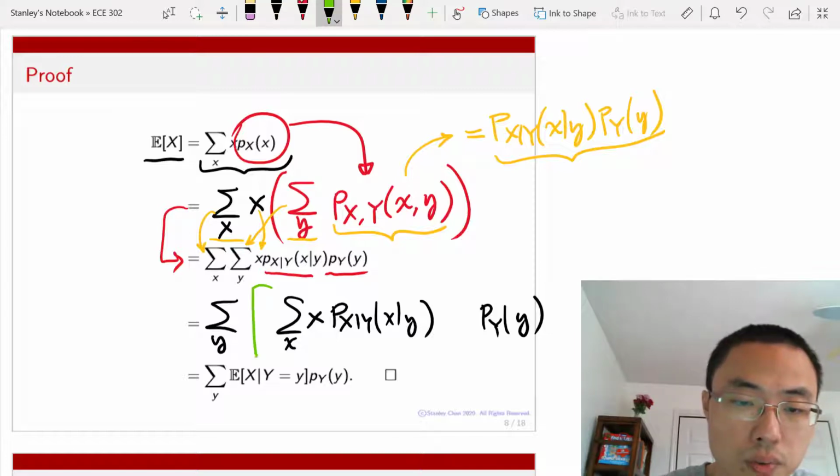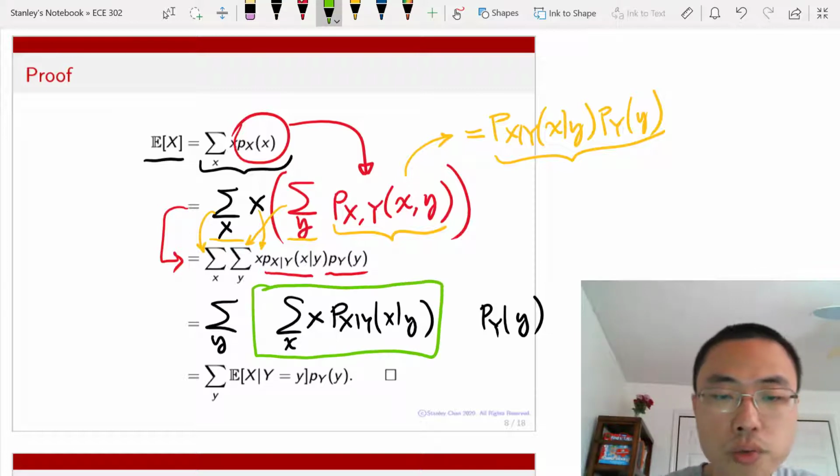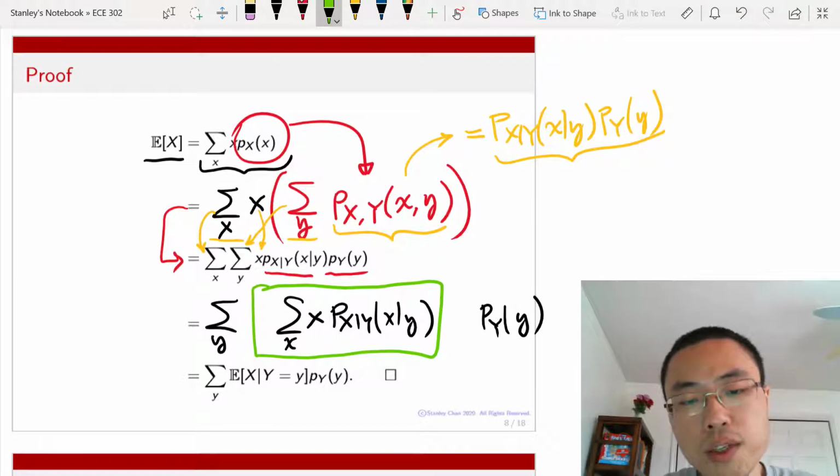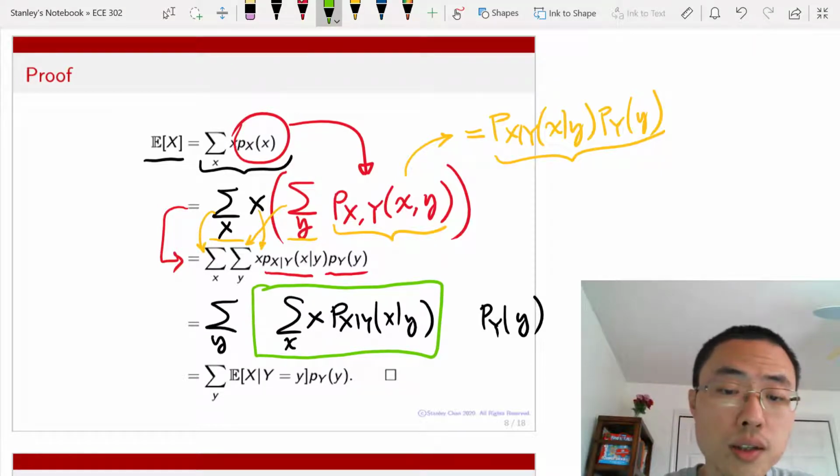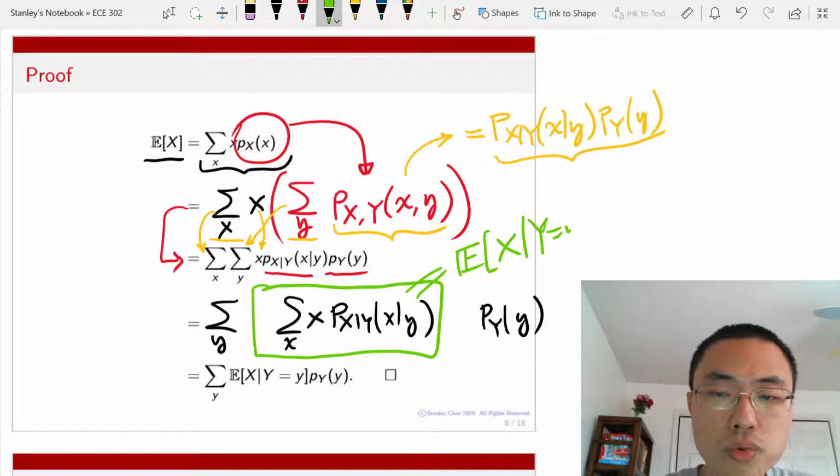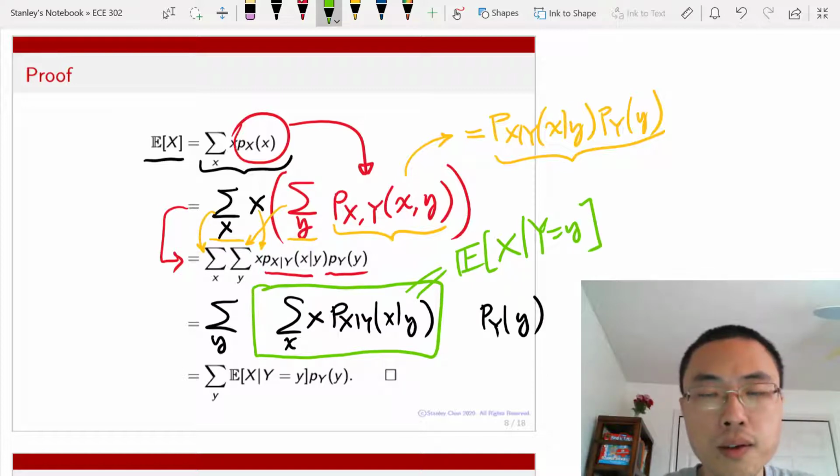Now this term, I hope you can recognize, is a summation of x times this conditional PMF. So what is it? Well, this is the conditional expectation of X given Y equals small y. This is because of the definition of the conditional PMF and also the conditional expectation.